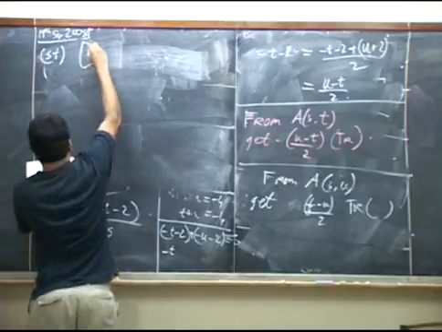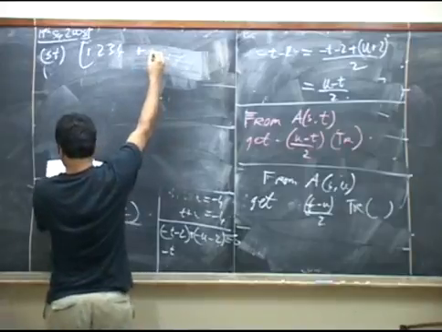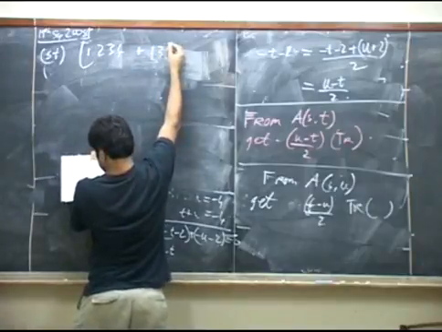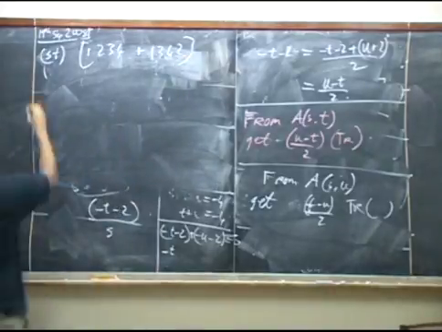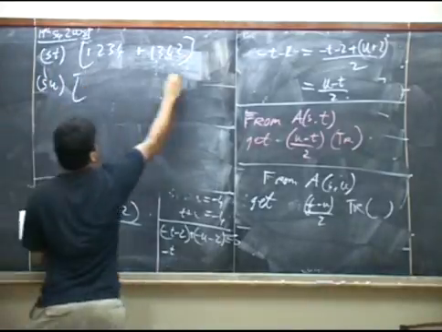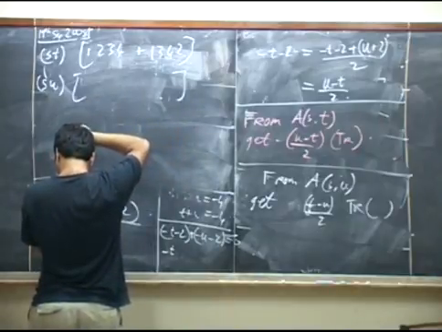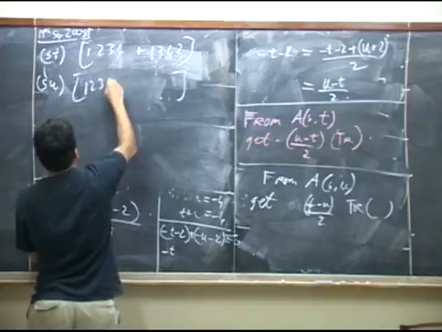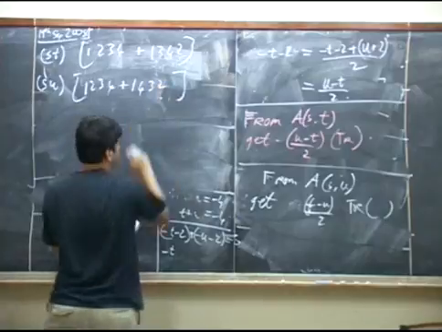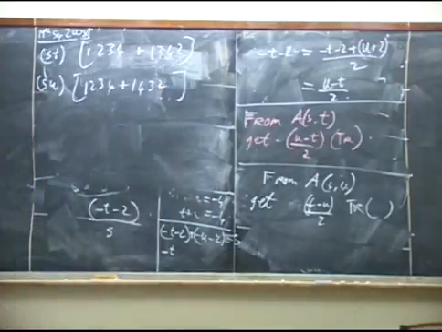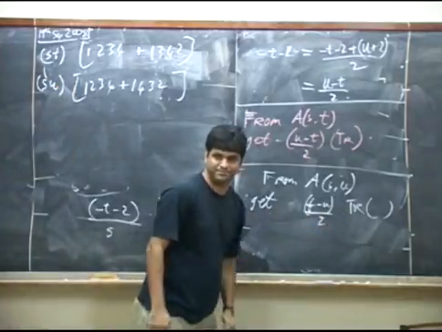We have 1, 2, 3, 4 plus 1, 3, 4, 2. Okay? ASU gives us 1, 2, 3, 4 plus 1, 4, 3. Okay? And we're supposed to put a minus sign to these, as we see.